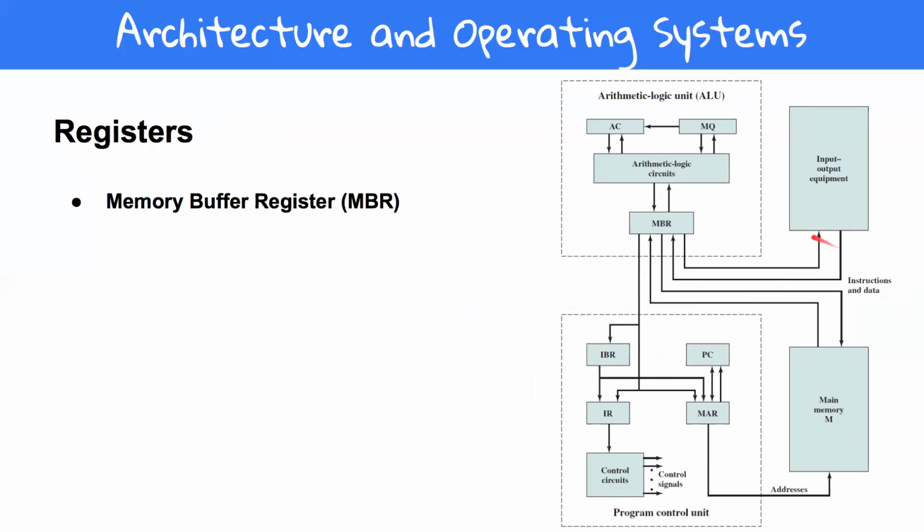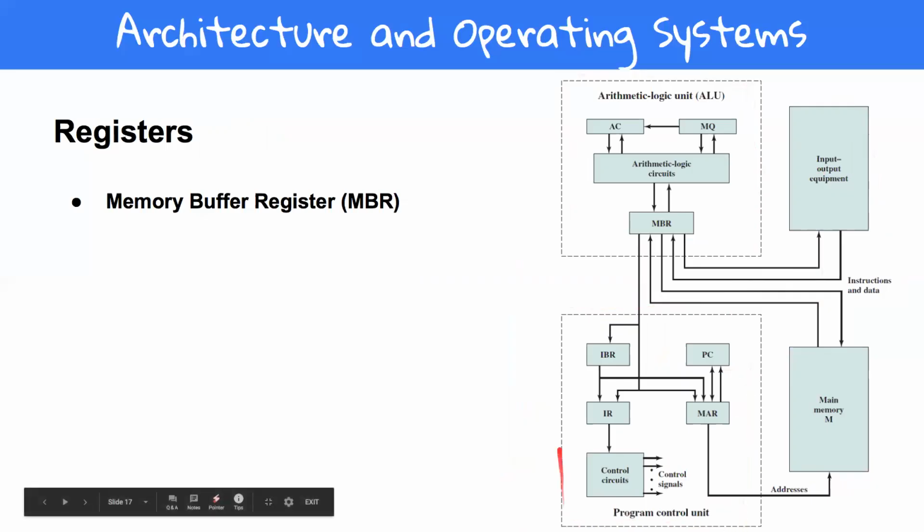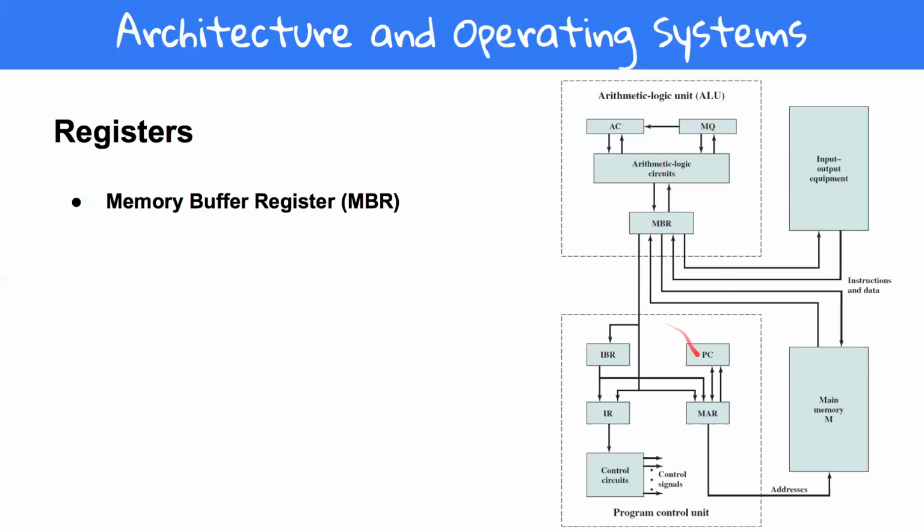So this is our IAS architecture. We've got input output, this is the main memory, this is the ALU, and this is our program control unit here. As you see, guys, they are all registers: PC, MAR, IR, IBR, MBR, all of them are registers.